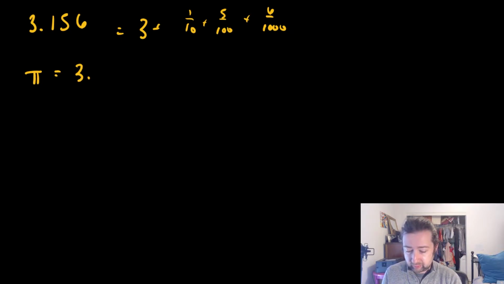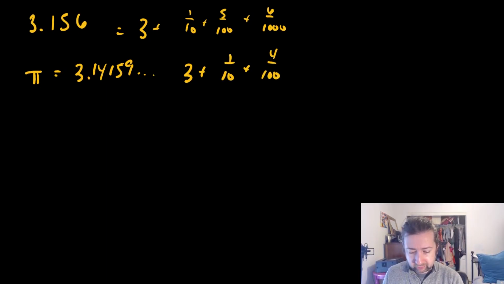So if pi is 3.14159 and so on, then when we write this, we can start the same way as the fraction that I've written above: 3 plus 1/10 plus 4/100ths plus 1/1,000th plus 5/10,000ths plus 9/100,000ths and so on.